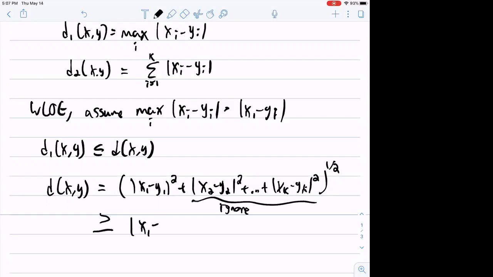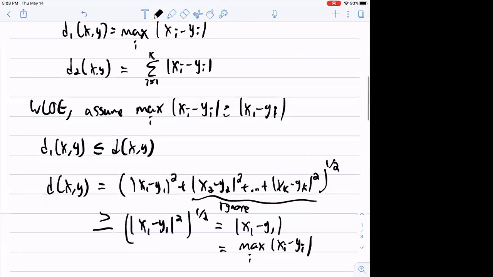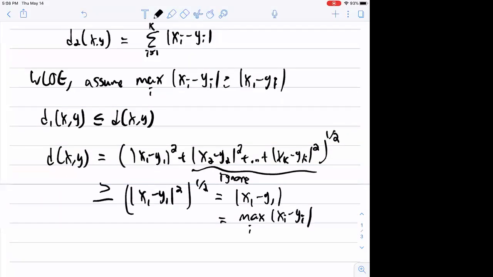And this is just (x1 minus y1) squared to the 1/2, which is just |x1 minus y1|, which is the max. We sort of assumed that it's the max, just for simplicity. Everyone clear? And then this is d1 of xy.